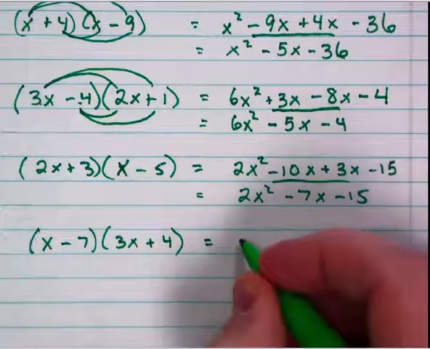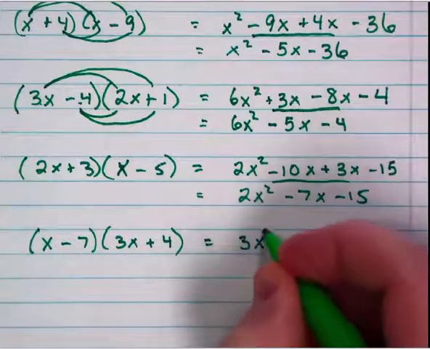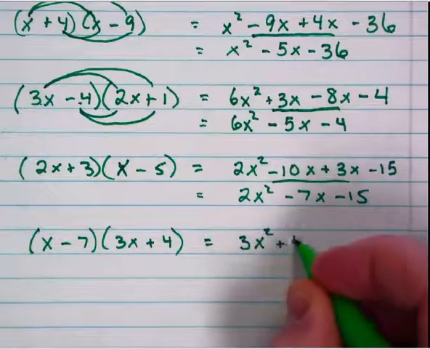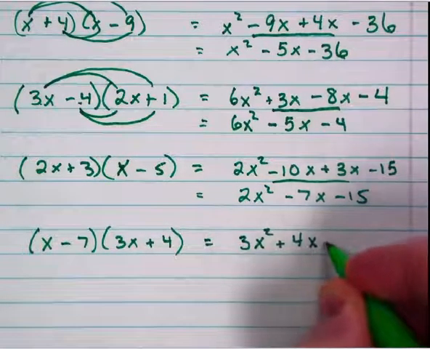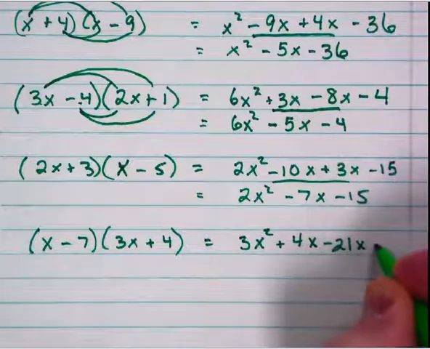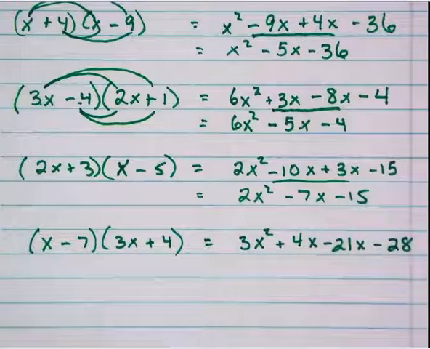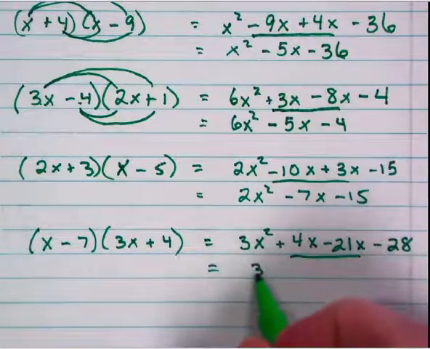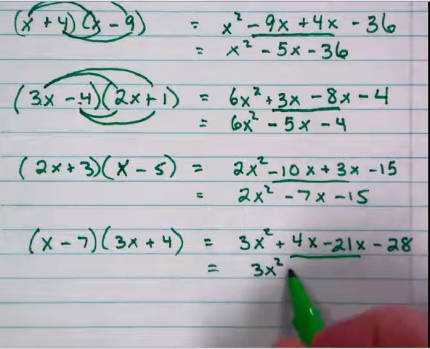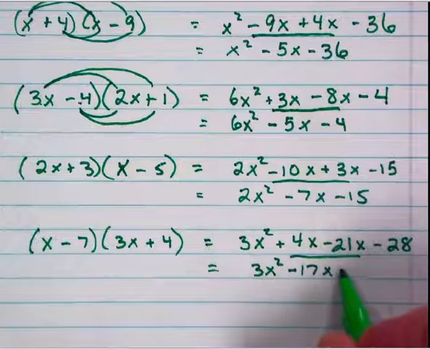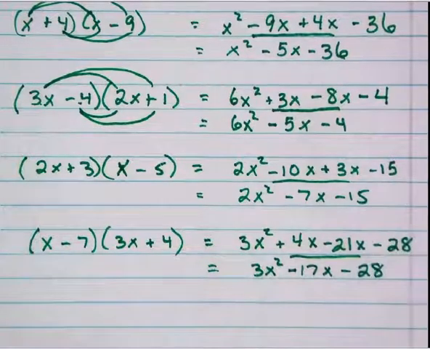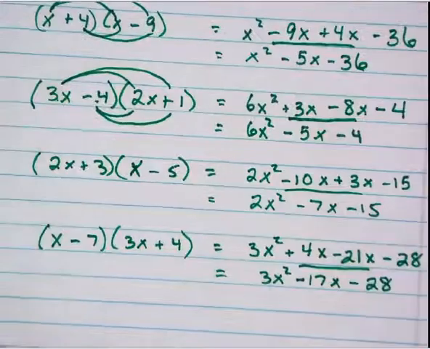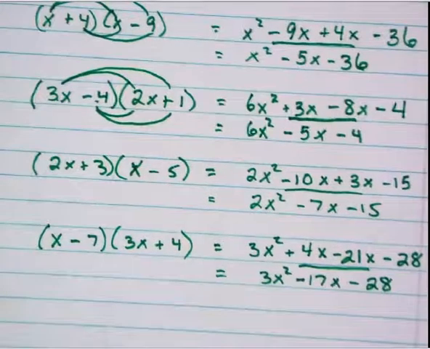Okay, you should have gotten 3x squared plus 4x minus 21x minus 28. These go together, so your final answer should be 3x squared minus 17x minus 28. Noticing, of course, that none of those are like terms.